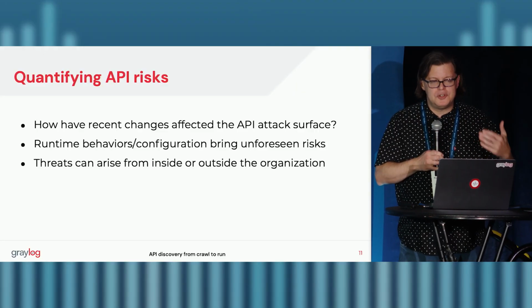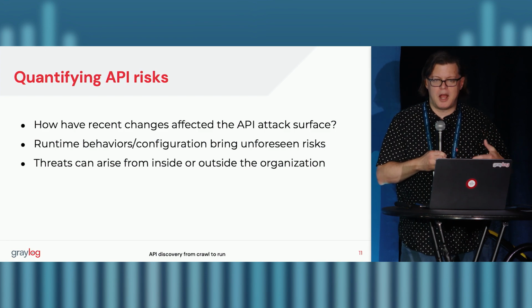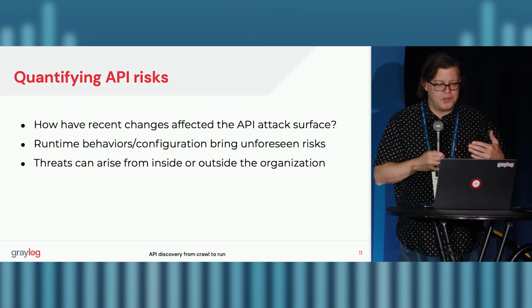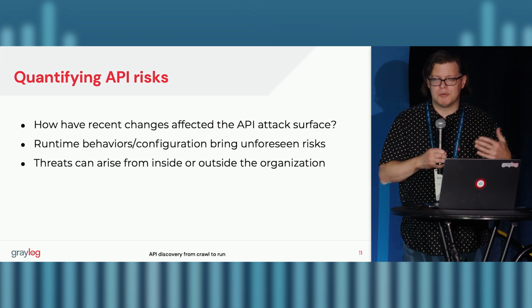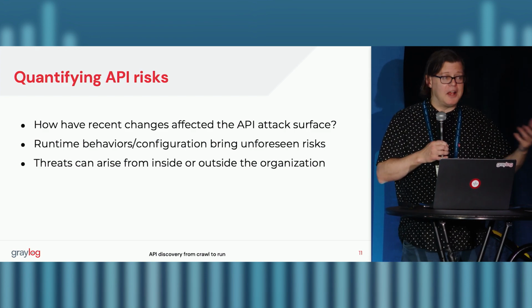There's also the need to quantify the usage of those APIs as much as the infrastructure behind those APIs. We know that threats can arise from inside or outside the organization. The classic model that we think of is an overseas attacker, right?